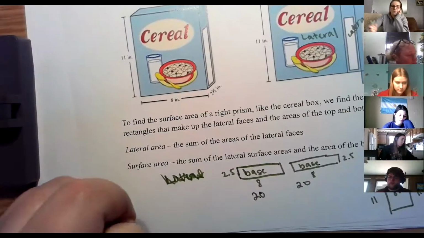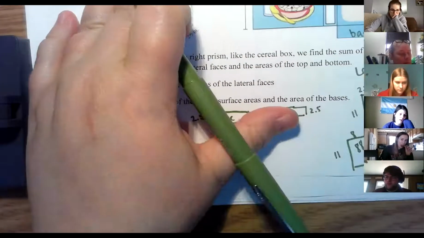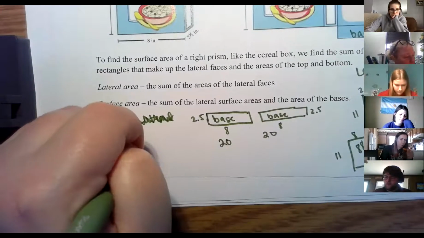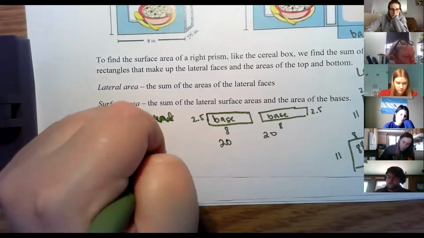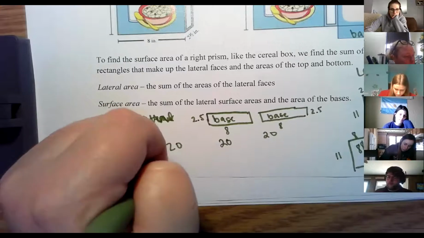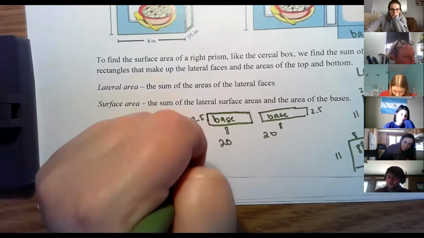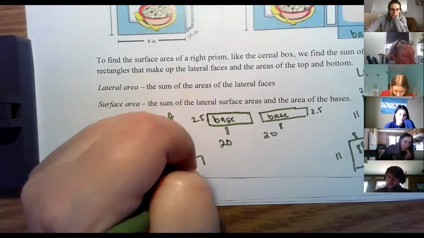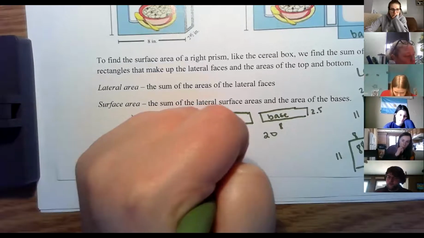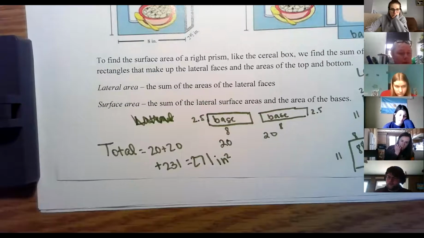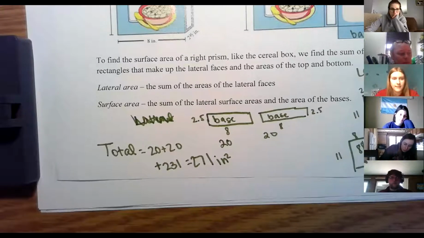So total surface area, it's 271 inches squared. 271 square inches. Does that make sense? Yep.